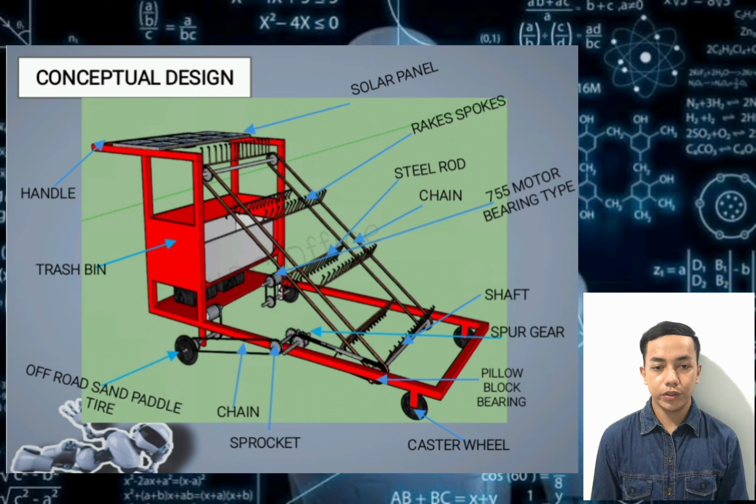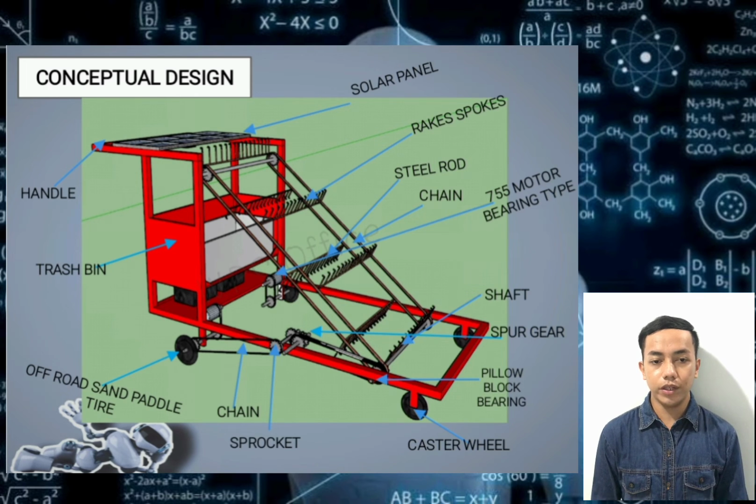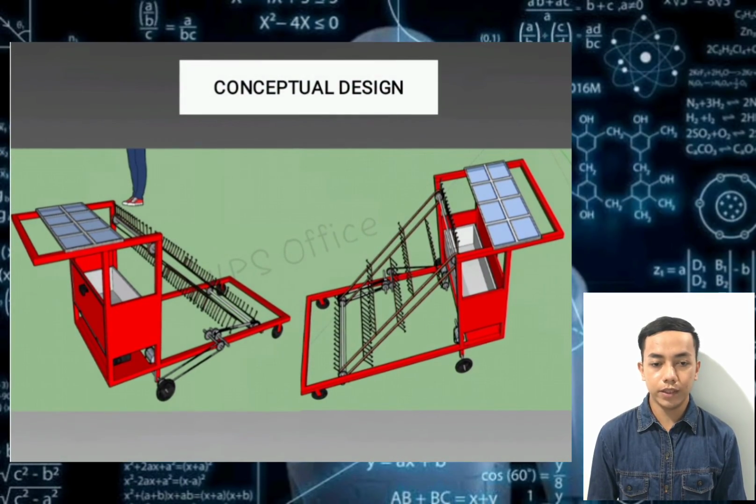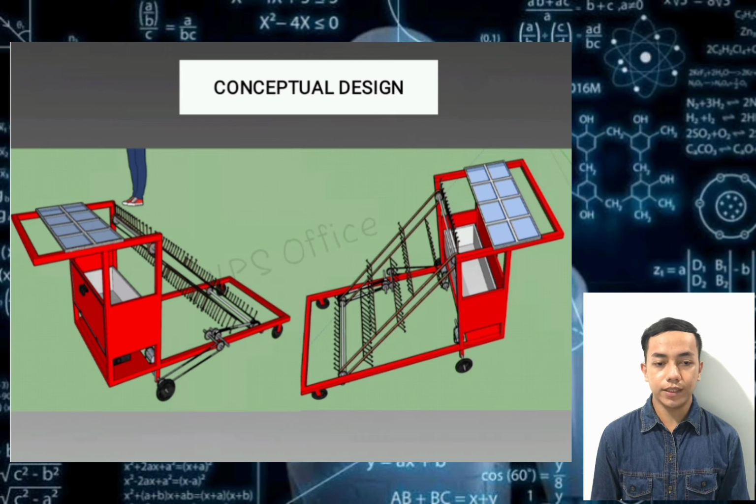The difference from the existing models to our own innovation is that we can operate manually. Aside from energizing with electricity, we use a solar-powered battery with a voltmeter to check the battery percentage and LED light for night shift operation if necessary.